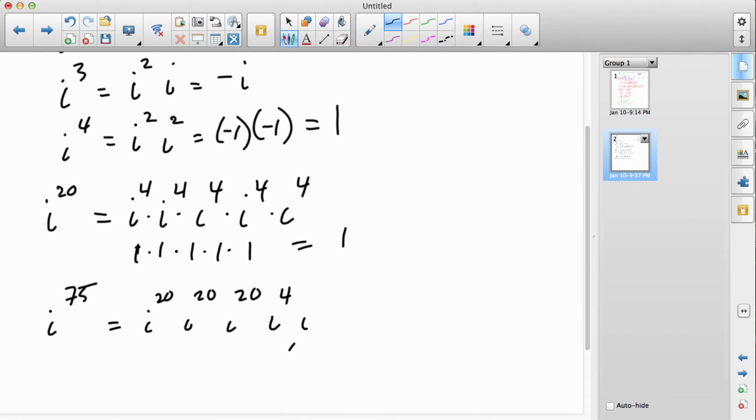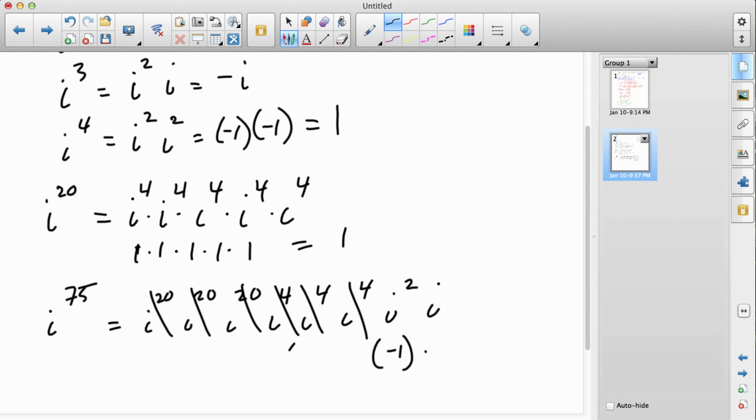So that's 64, 68, 72. Oh, I can't do another 4. So then I could do an i squared, and I could do an i. So i20th is equal to 1, 1, 1. i to the 4th is equal to 1. i squared is equal to -1, and I have an i. So i to the 75th would just simply be -i.